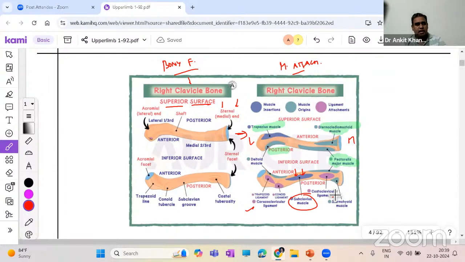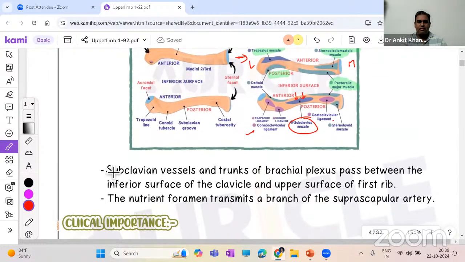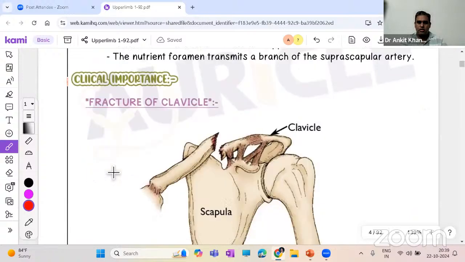We can't expect every student to know everything, so you have to give them chances. But if you are not able to answer on the clavicle bone, then things are not that good, and we may have to give them fewer marks at times. Clavicle is a bone which should be known.